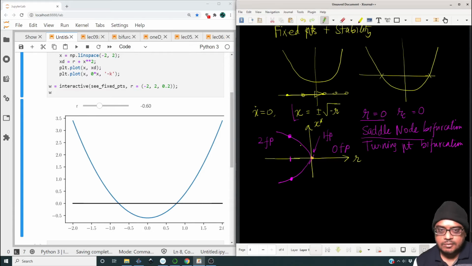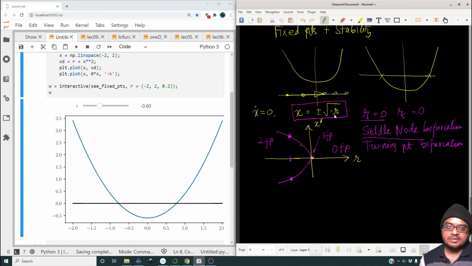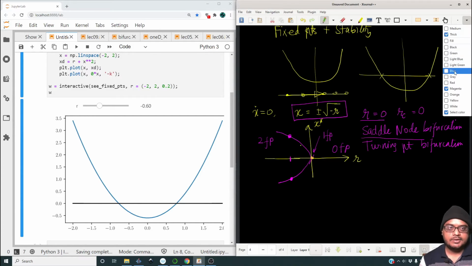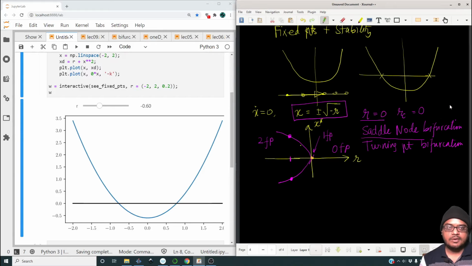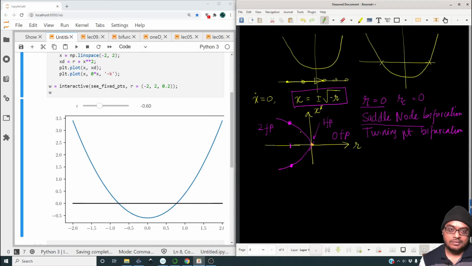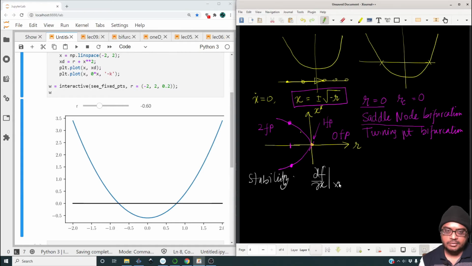So now x equal to plus minus root r is a root, right? So we know that they are fixed points, but what is the stability of the fixed points? So we have just seen that the stability depends on del f del x at the fixed point.